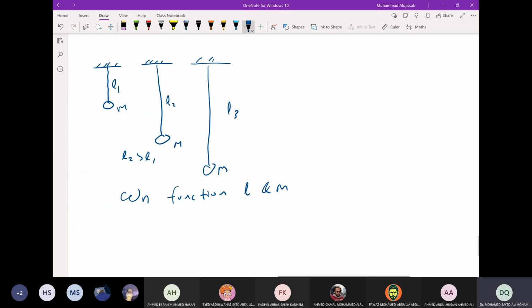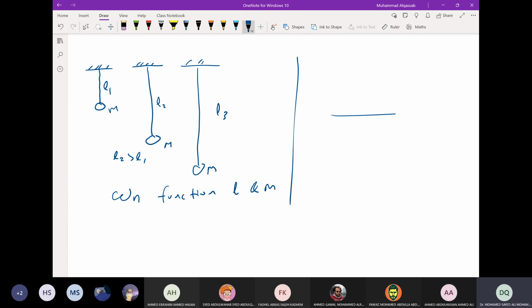As another example, a spring mass system. If you have a spring with mass M1 and stiffness K1, this system can be disturbed. This is the equilibrium line. You can give an initial downward motion and then release.